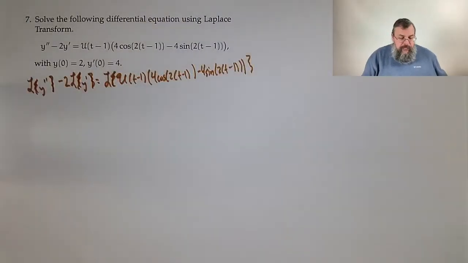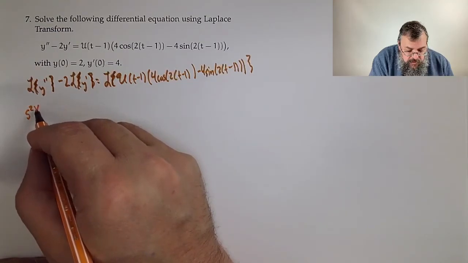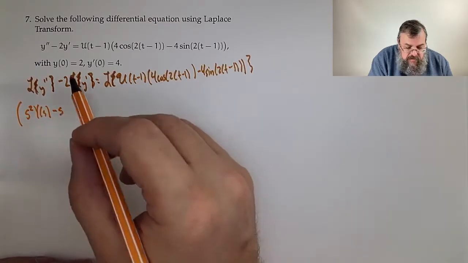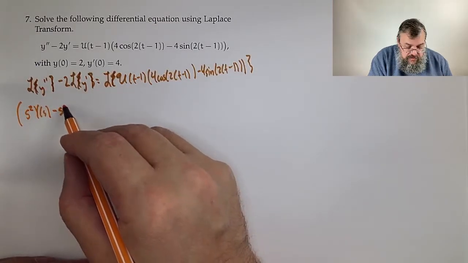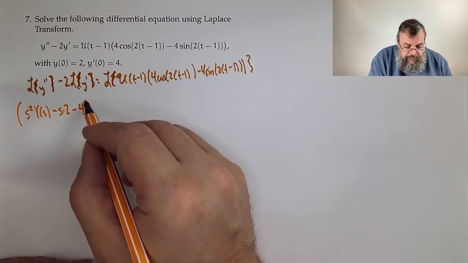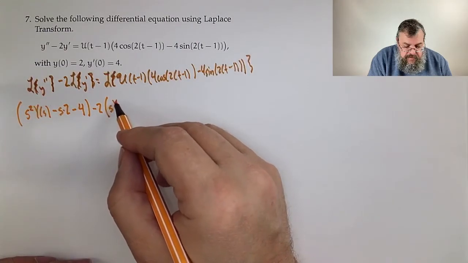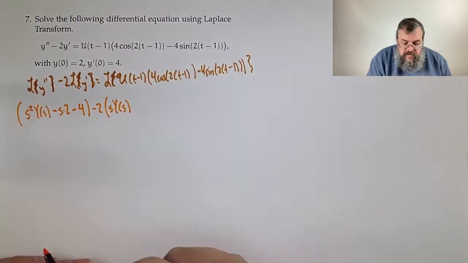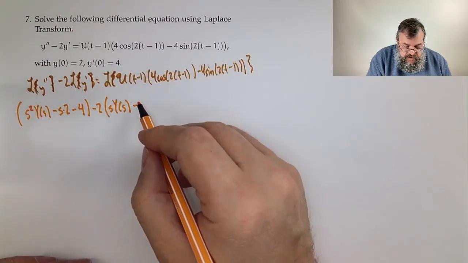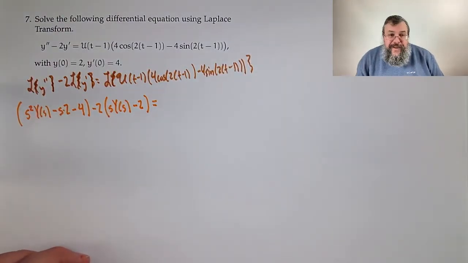All right, so we have s squared Y(s), minus s times what's happening at 0, which is 2, minus the derivative at 0, which is 4. Then minus 2 times s times our function Y(s), and subtract what's happening at 0, which is 2, is equal to, now we come to the other side.